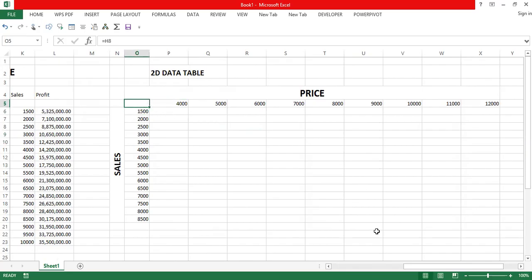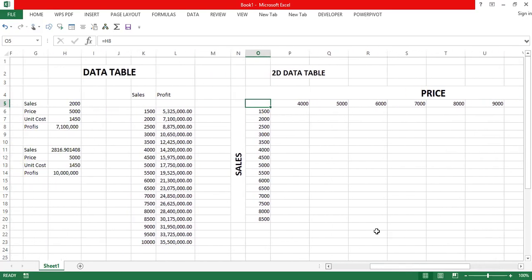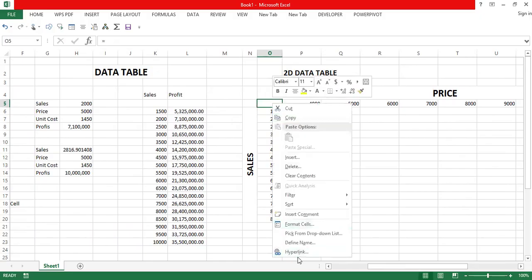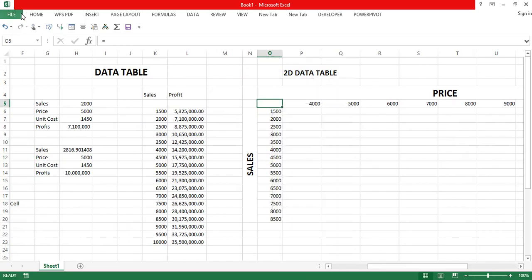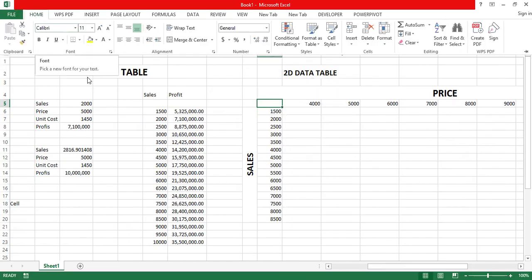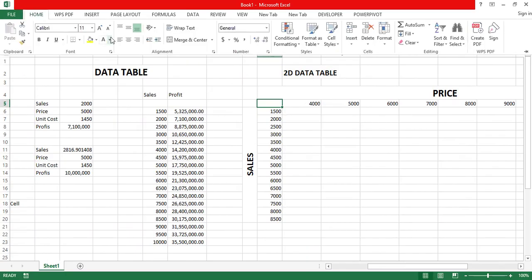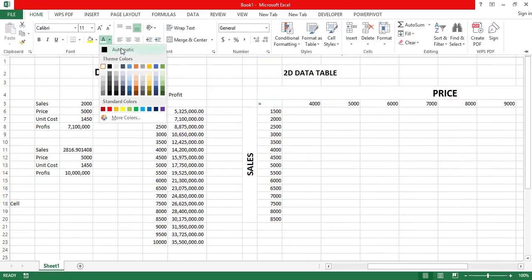So what do you do there? You just place your cursor there. Type equals. I think I also changed this one to white again. That's why you are not seeing it. Let me change it back to automatic or black.